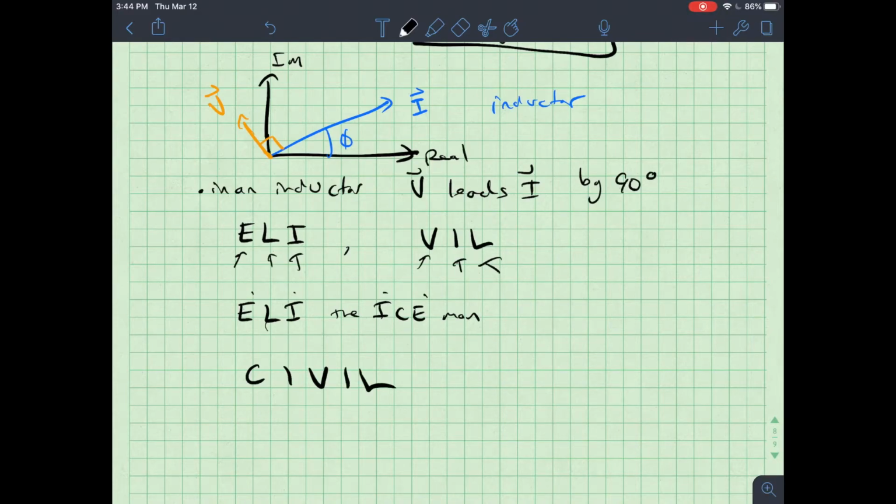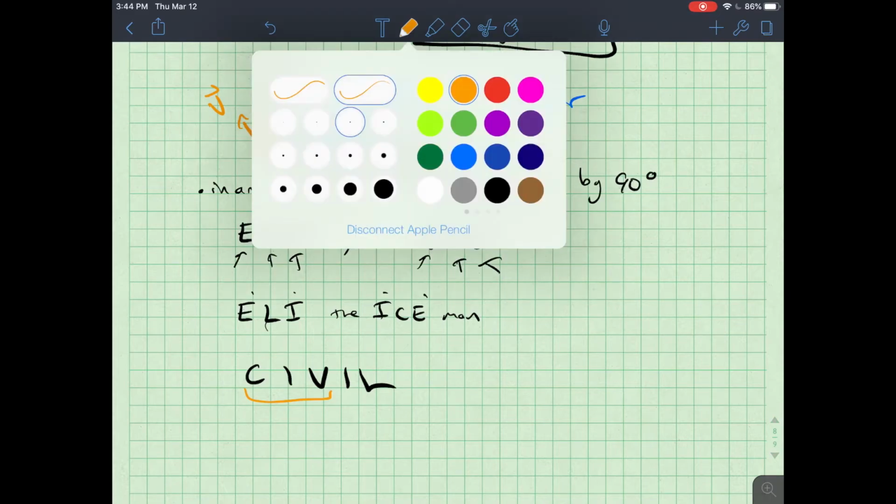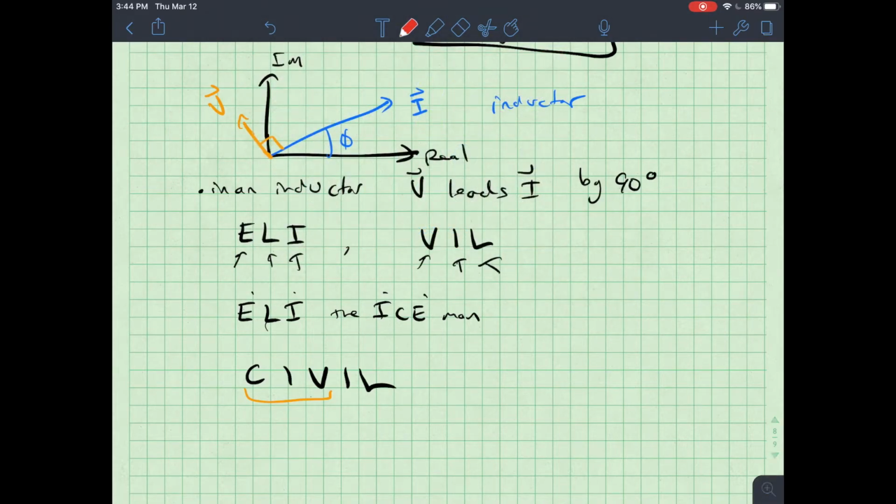In a capacitor, I leads V by 90 degrees, and in an inductor, V leads I by 90 degrees. And that, by the way, is the most useful that CIVIL will be in this class.